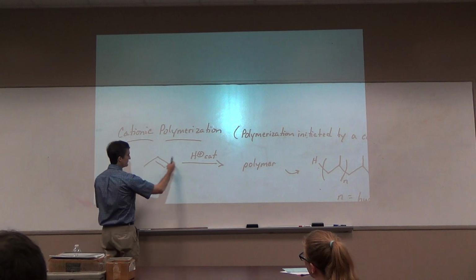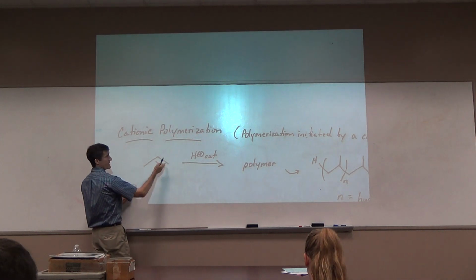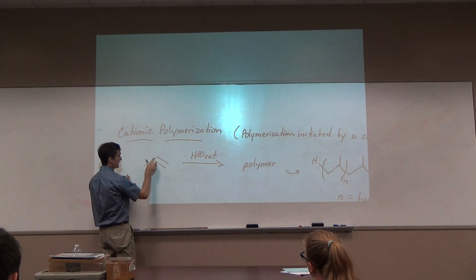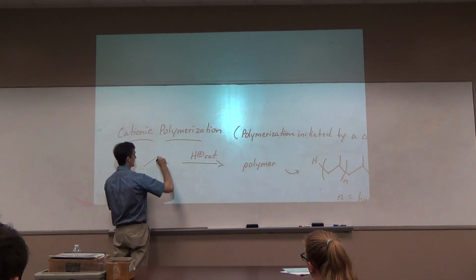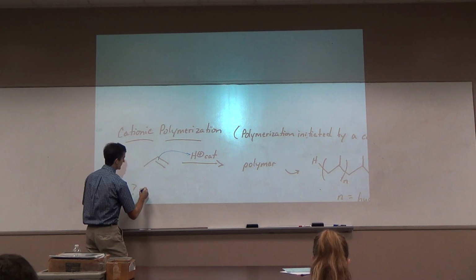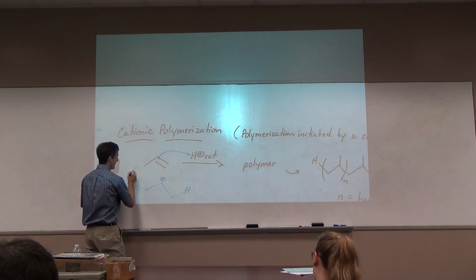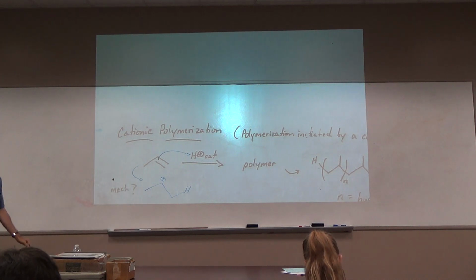Okay, how can you polymerize propene here? Alkene and H+. Have we ever reacted an alkene with H+? Where are you going to make the cation, left or right? Swing it right here, nothing new. Cation there. What can attack the cation?